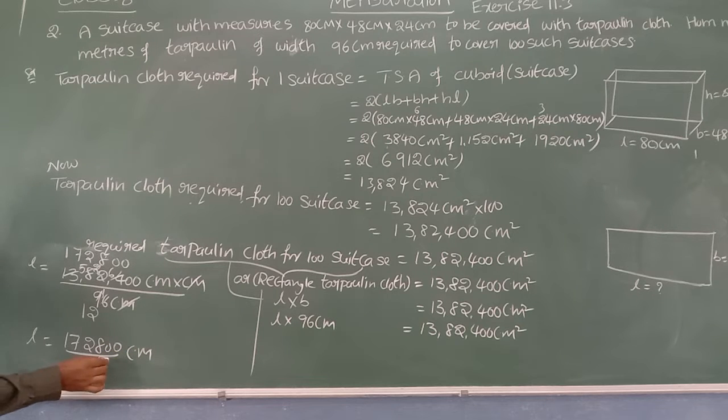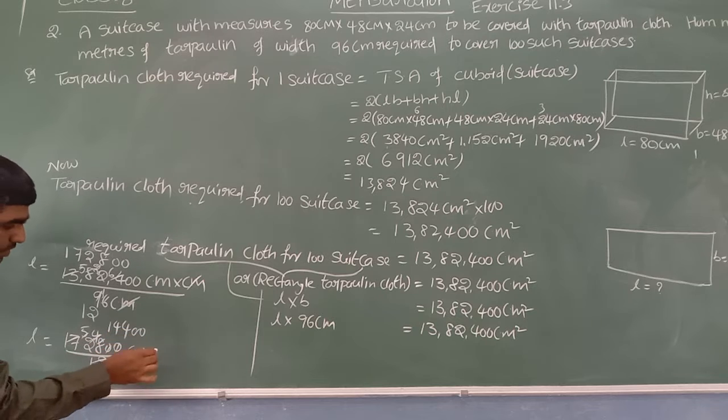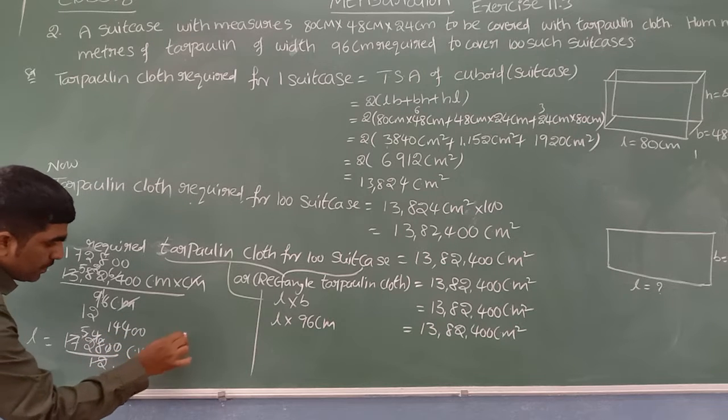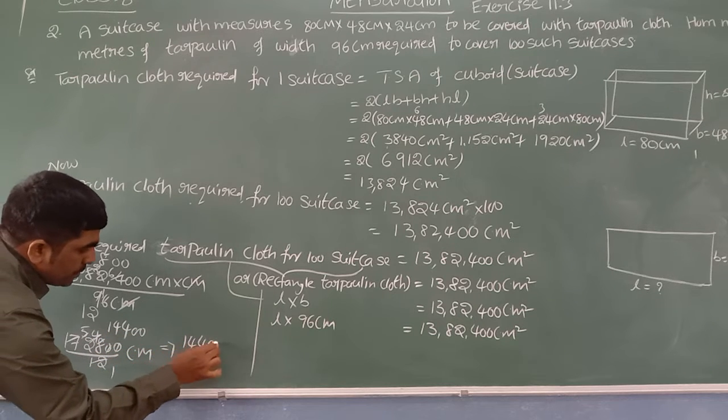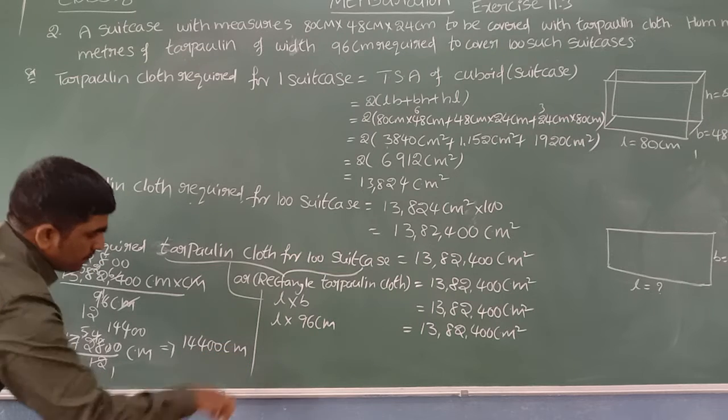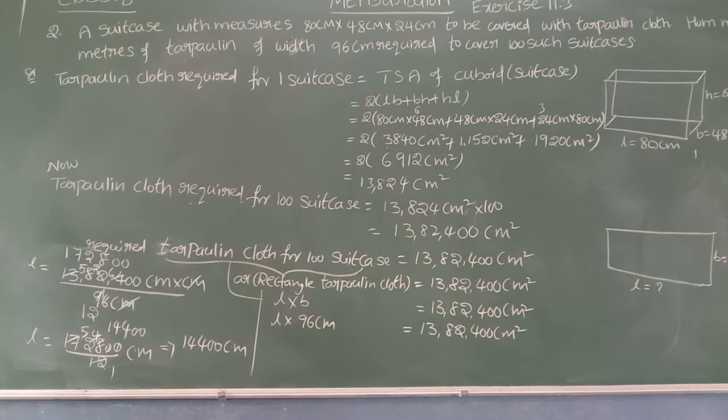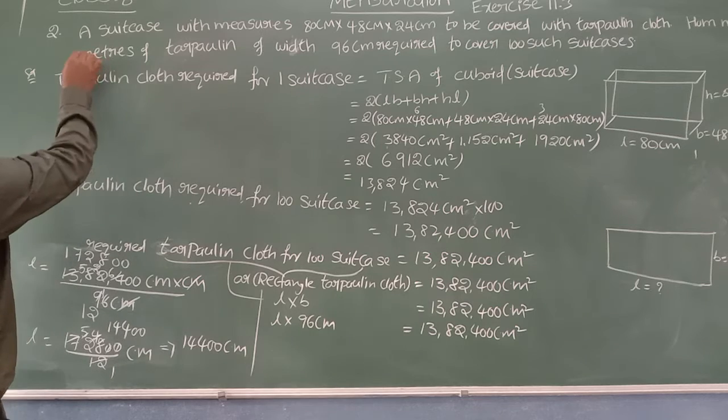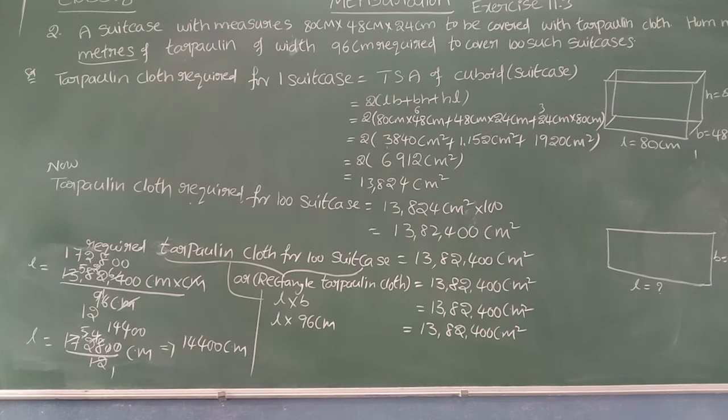12 ones are 12. Here 5 left. 12 fours are 48, 4 left. 12 fours are 48. So 2 zeros above, which is 14,400 centimeters. But they are asking how many meters of tarpaulin cloth is required, so we need to express this in meters.